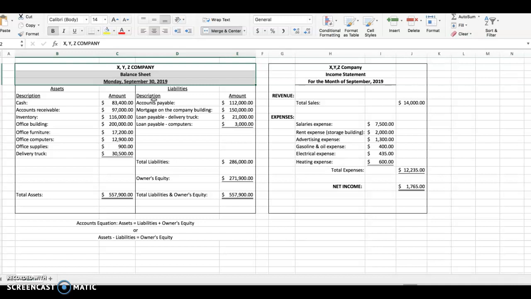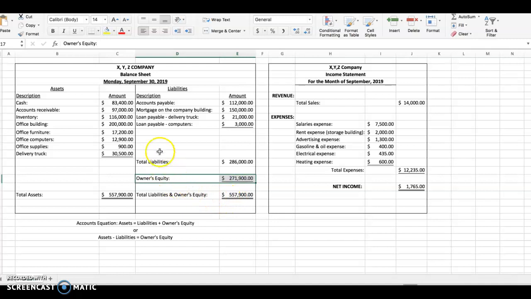If this were a corporation, this would be called the stockholders' equity or the shareholders' equity. And we'll come to corporations much later. But the owner's equity means that there is an owner of the business, and his or her value of the business is that amount. So that's the balance sheet, a snapshot.